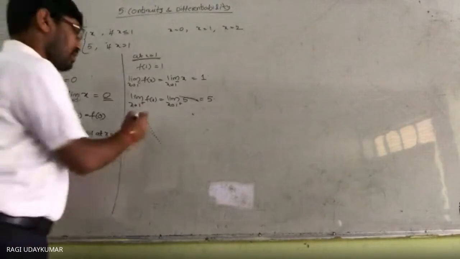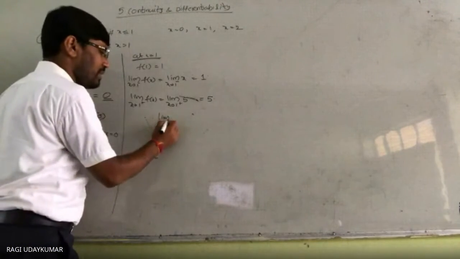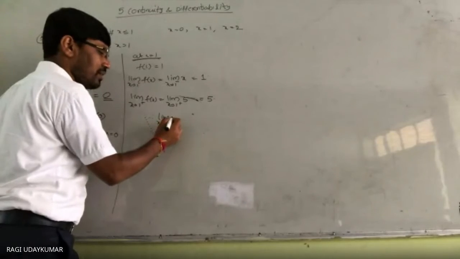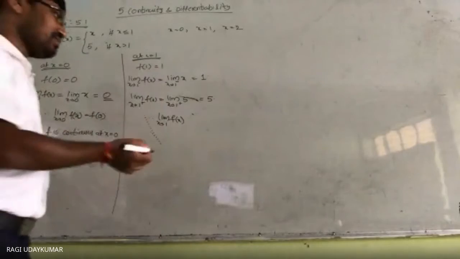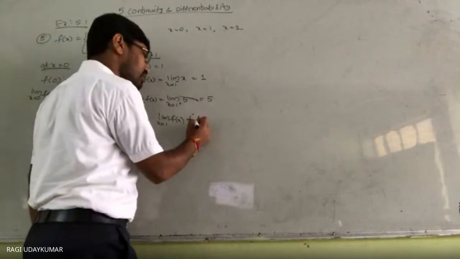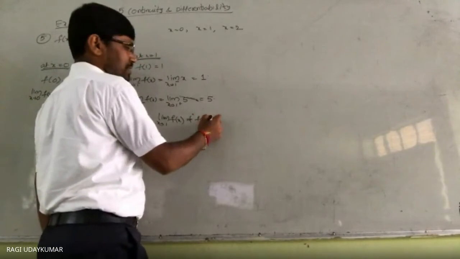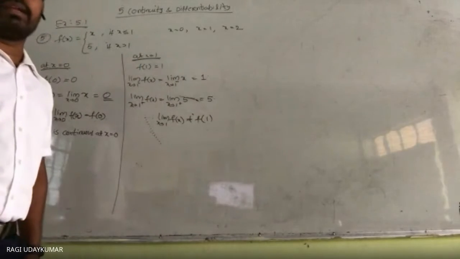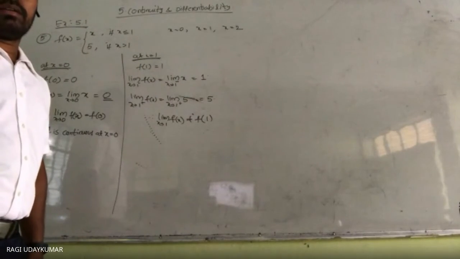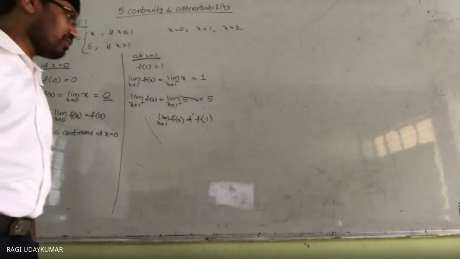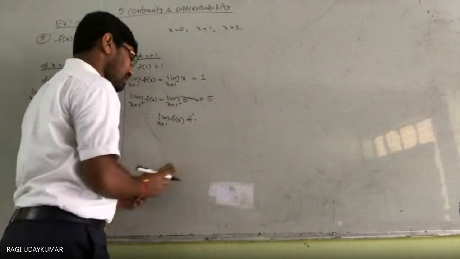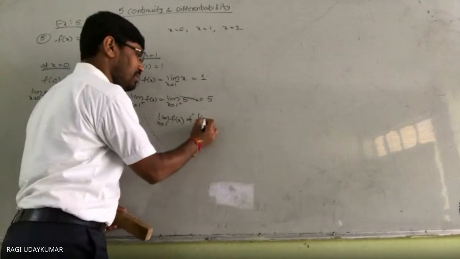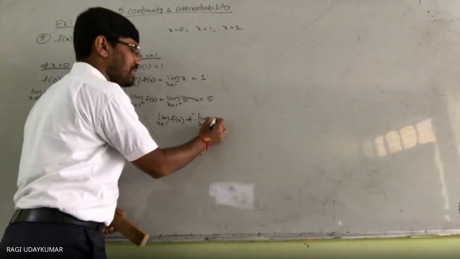Therefore, you can say that limit x tends to 1 of f of x does not exist, and it is not equal to f of 1. Actually it is not necessary to write that; only these two being not equal is enough: limit x tends to 1 minus and limit x tends to 1 plus of f of x.